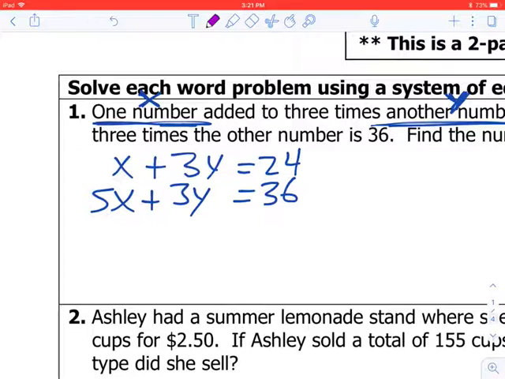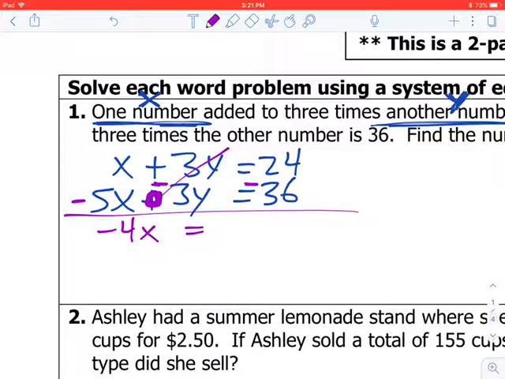Okay, so in this case, I've got 3 plus 3 is 6, so I'm going to make this a negative 3. Well, if I change that, I've got to make everything changed. Now the y's cancel out when I combine. So x minus 5x is negative 4x equals 24 minus 36 is negative 12. And now I can divide by negative 4.